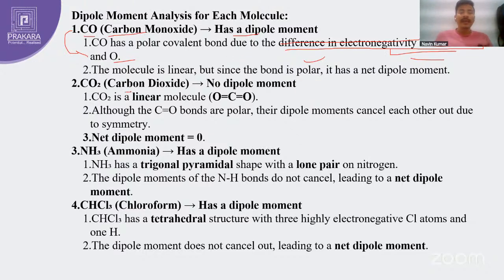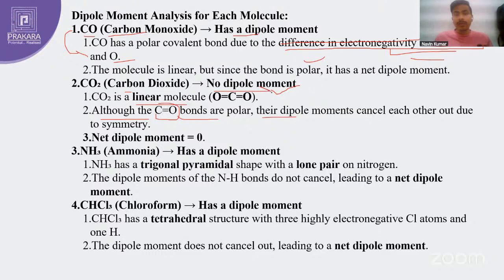Now, talking about carbon dioxide, it will not have any dipole moment. The reason behind this is, firstly, it's a linear molecule, and when we talk about the C double bond O, it becomes a net zero dipole moment molecule because, due to their symmetry, they cancel out their dipoles.